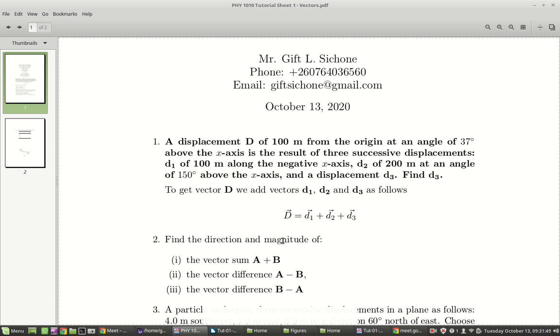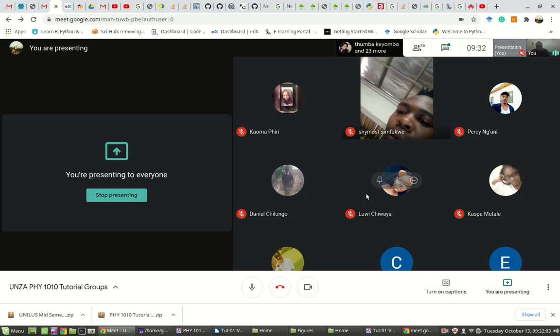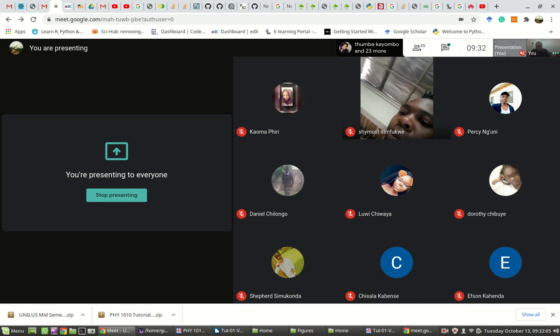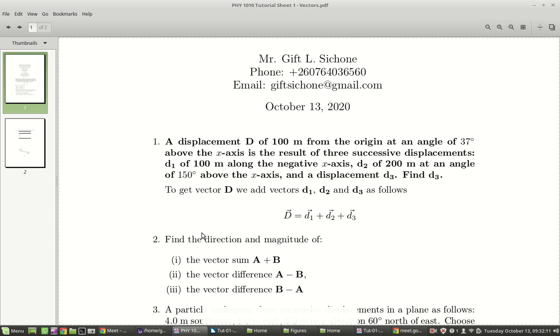It doesn't matter where the vector is pointing, as long as you're doing addition, you can just add the vectors like that. D is equal to D1 plus D2 plus D3. So we know capital D, we know D1, we know D2. The only thing we do not know is D3. That's what you're looking for, because we've been asked to find D3.